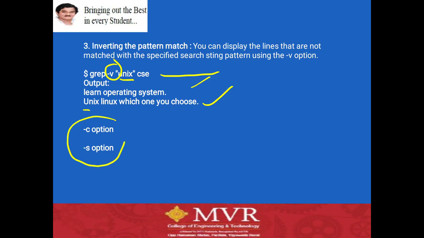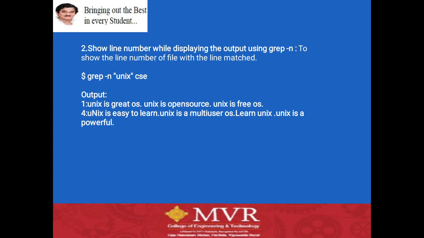And as I said, the other two options, -c and -s. -c is only used to count the number of lines which are matching, and -s, as I said, is a silent mode option. So in this way grep works.